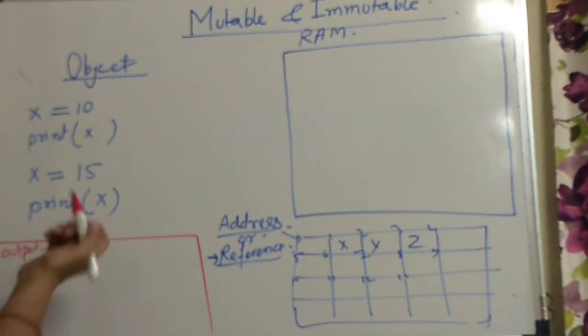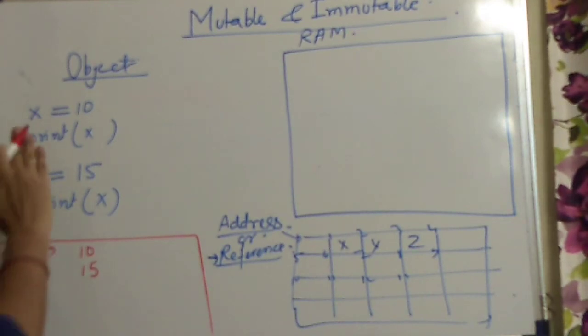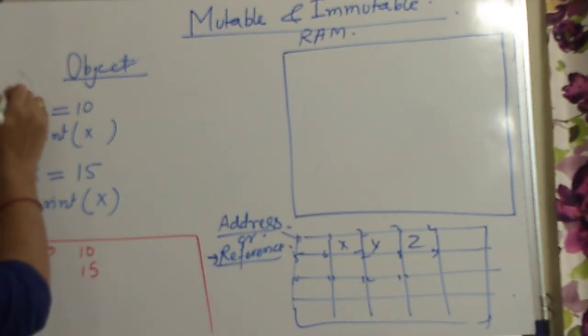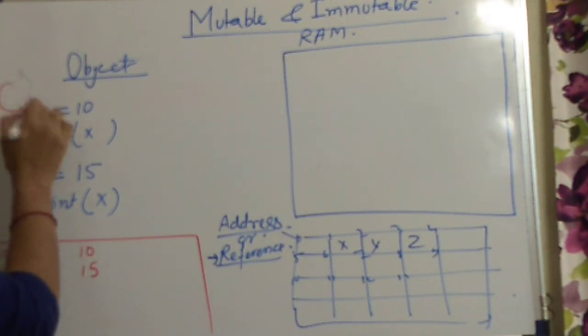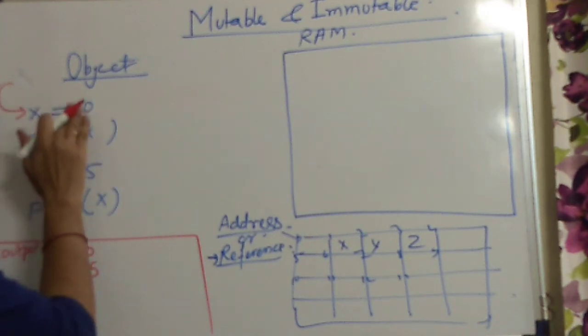Now let us see what happens in Python. In Python, memory allocation is totally different from C, C++ or Java. Let us see, when you create this x in memory, what happens? X equals 10.